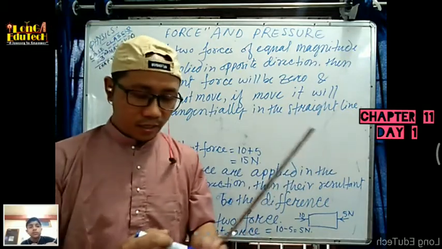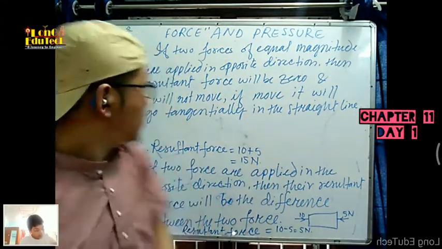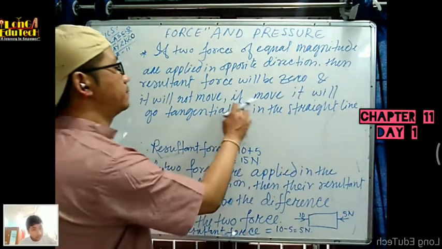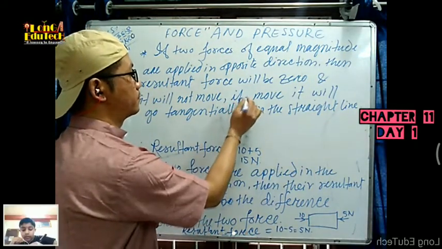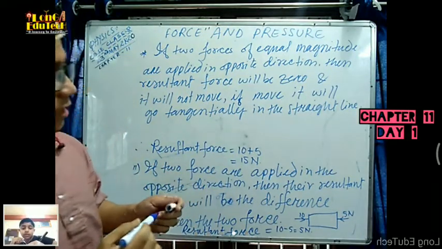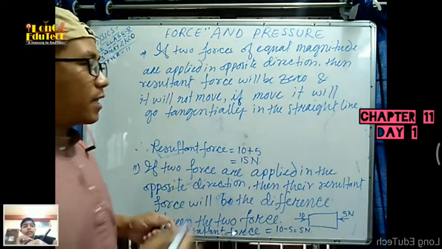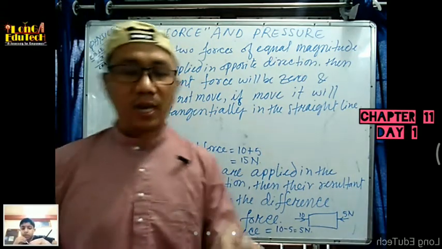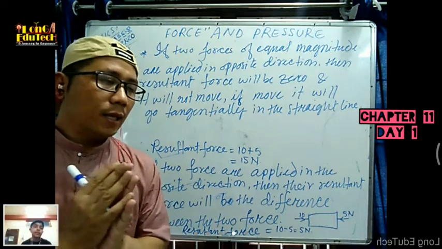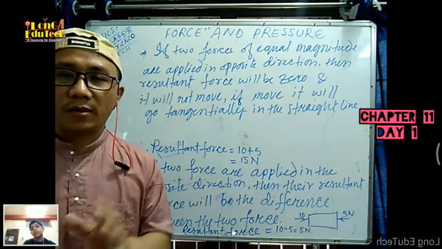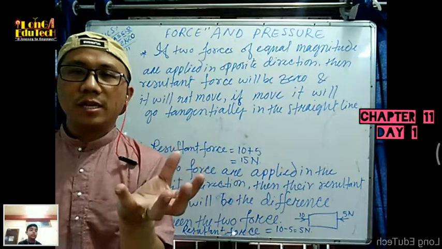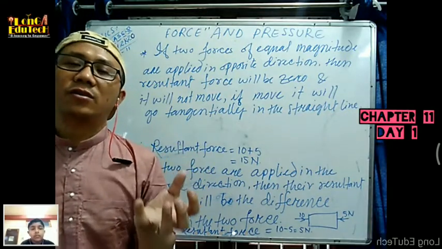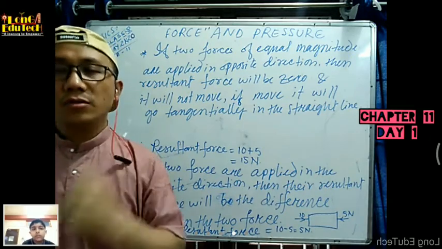Tangentially in the straight lines. Now, magnitude is the quantity. Students used to get confused here. Suppose you go to the market to buy potatoes.